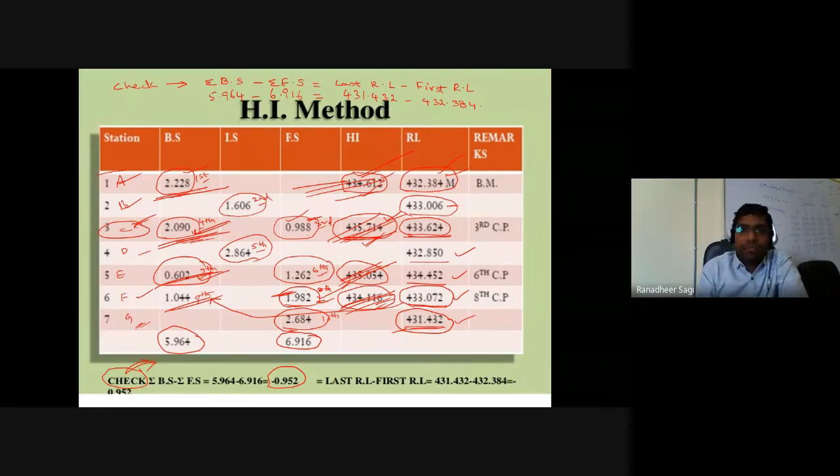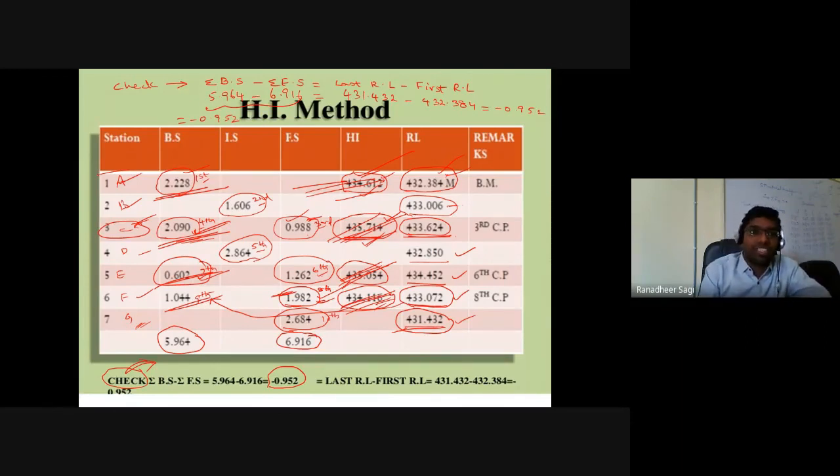If you calculate 431.432 minus 432.384, you get minus 0.952. We already got minus 0.952 earlier. So minus 0.952 is equal to minus 0.952. It means the values you have calculated by the height of instrument method are correct.